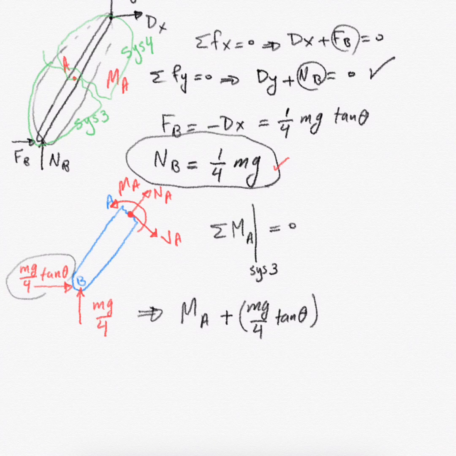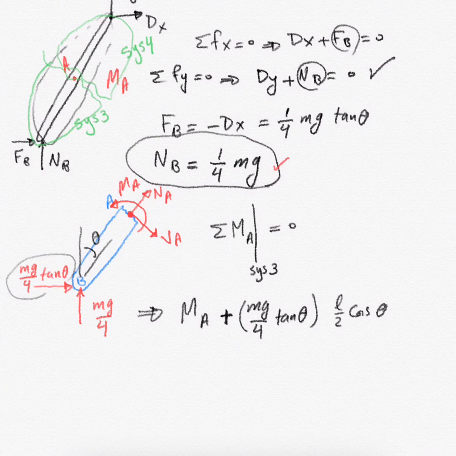We look here, that angle is theta, right? So the moment arm is going to be L over 2 cosine theta, and this is positive. So positive mg over 4 tangent theta, this value of force, times moment arm L over 2 cosine theta, and it's positive.